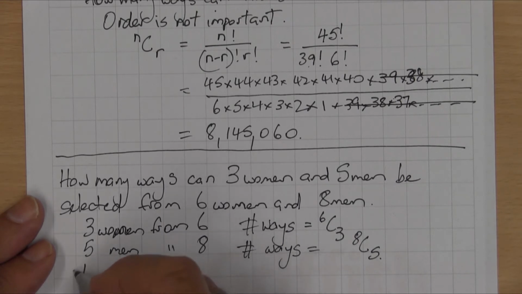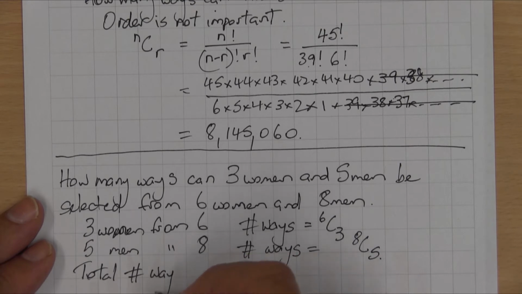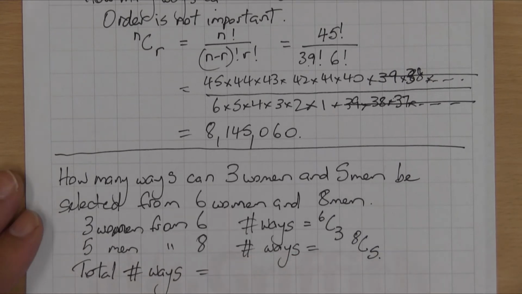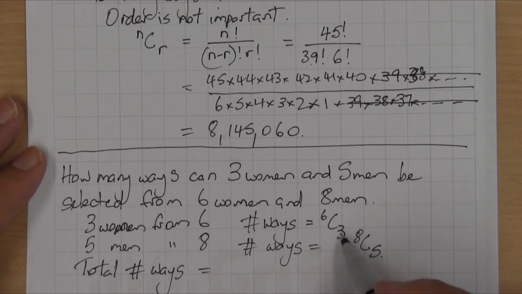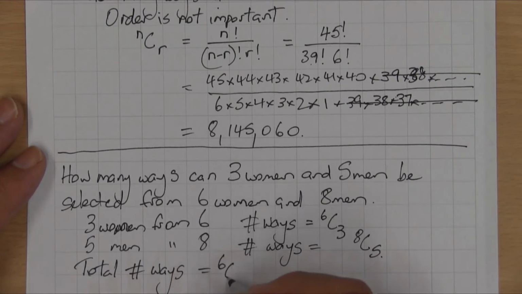So total number of ways, going back to our original basic counting principle, will be just 6C3 times 8C5.